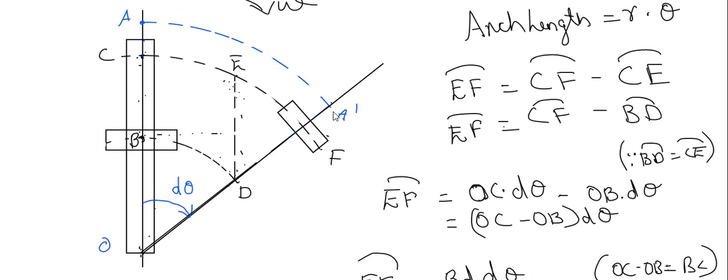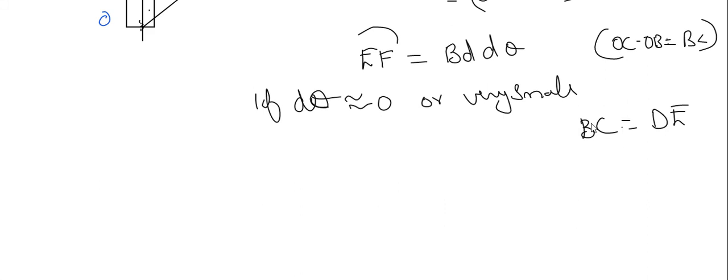If this line comes close to that, D will come very close to being a 90-degree line, so BC will be the same as DE. As the angle reduces, BC will be equal to DE.